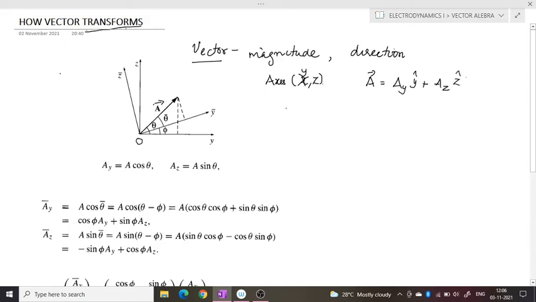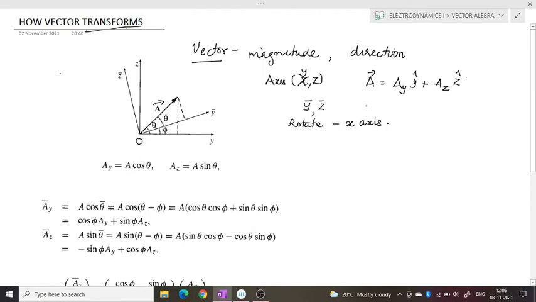Okay, now we transform our coordinates into y dash and z dash. That is, we rotate our axis about the x-axis, which will be perpendicular to this direction.